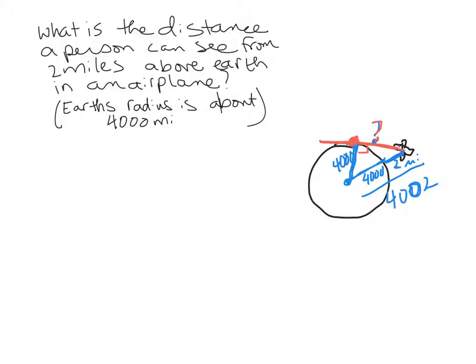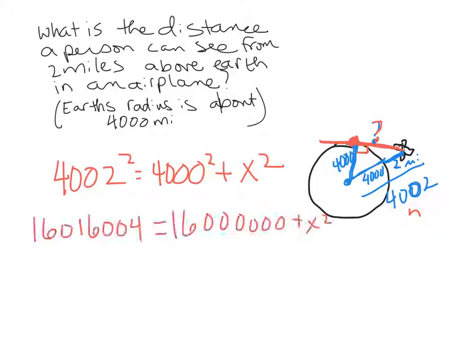And we have a right triangle because we're looking for a segment that's part of the point of tangency. So this is my hypotenuse. 4,002 squared is going to be equal to 4,000 squared plus x squared. So squaring those values, this is what we get. And we want to just isolate the x squared. So we're going to subtract this over.